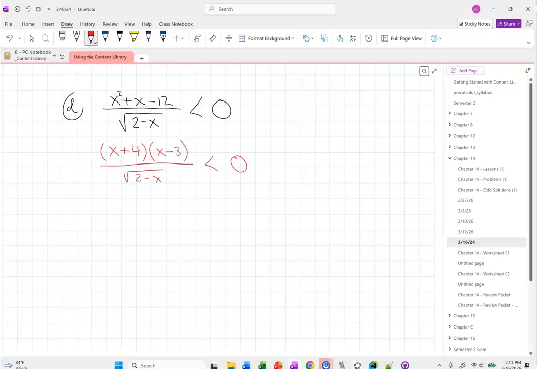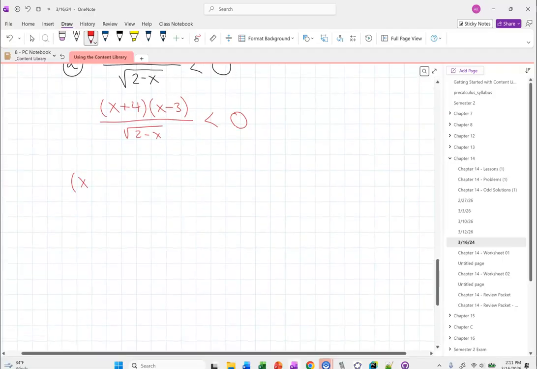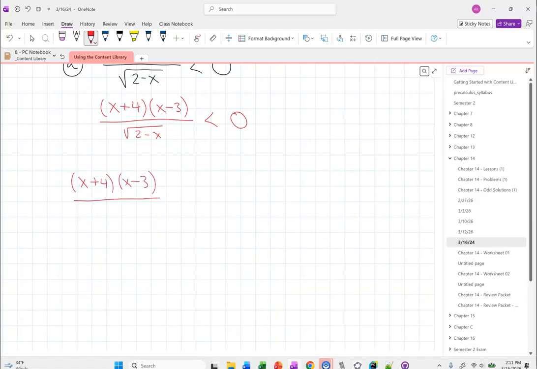Okay. So just like before, we take our function set equal to 0 and undefined.